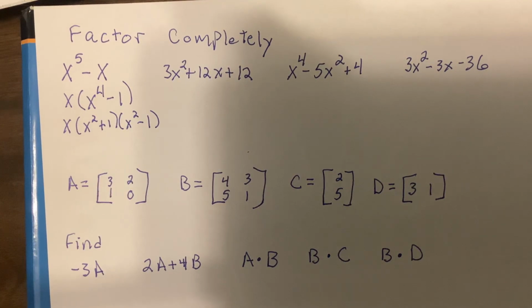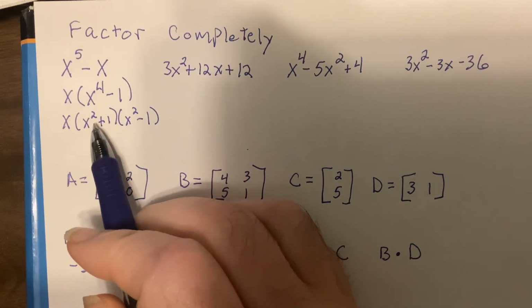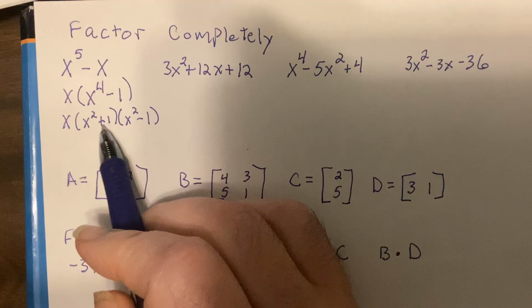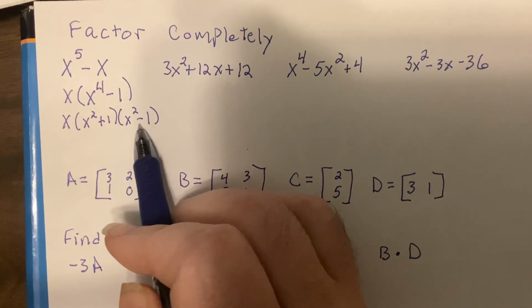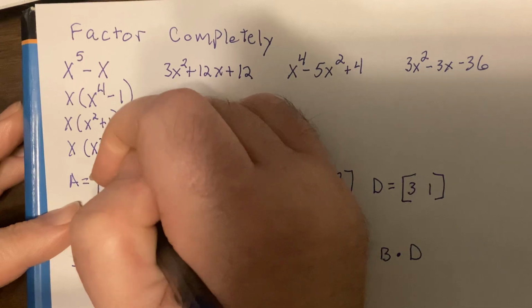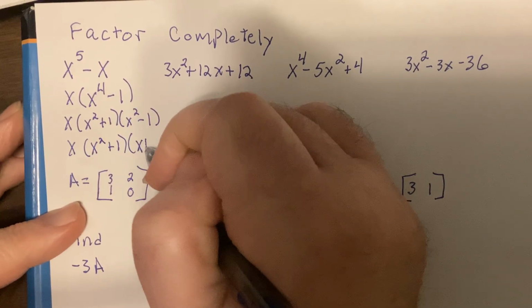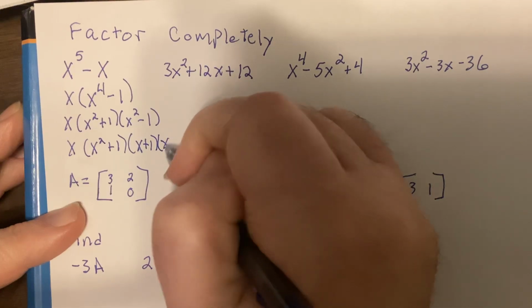Now, you can never, ever factor the sum of squares. Most people try to factor this, but you cannot. There is no sum of squares, but there is difference of squares. So you'd have x squared plus 1, difference of squares, x plus 1, x minus 1.